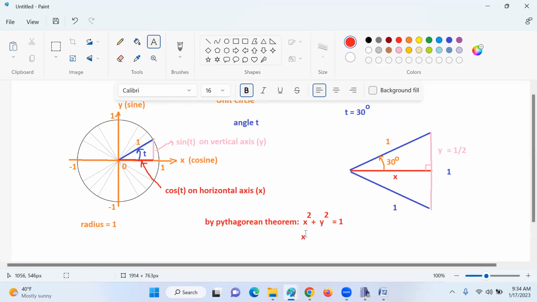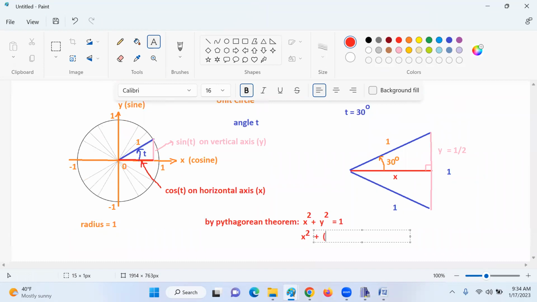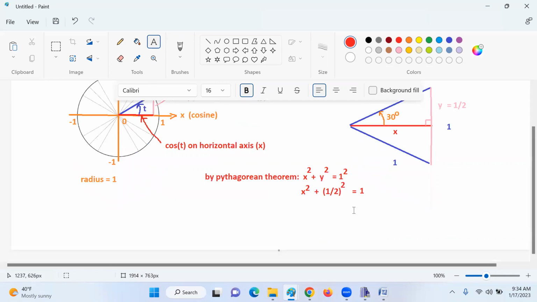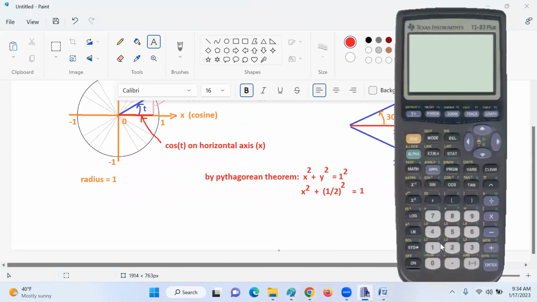Okay, so we're solving for x. We have x squared plus y squared, where y squared is 1/2 squared, equal to 1 squared, which is 1, right? So this is what we have. Now we simply do 1/2 squared, which is 1/4, or 0.25.